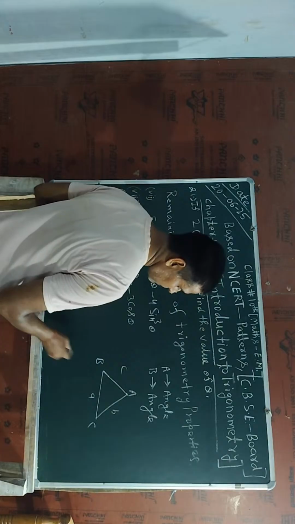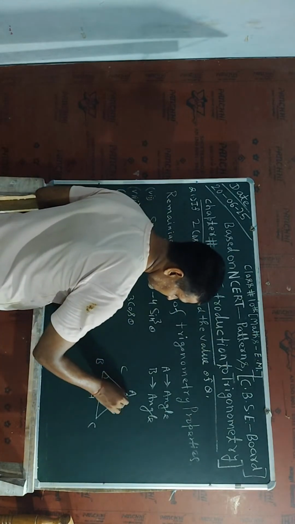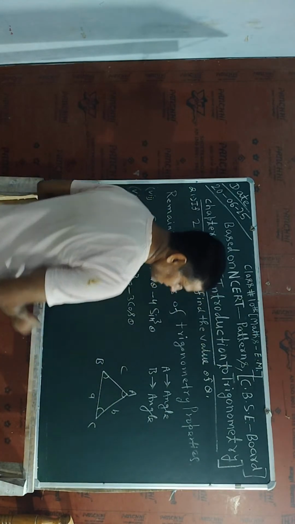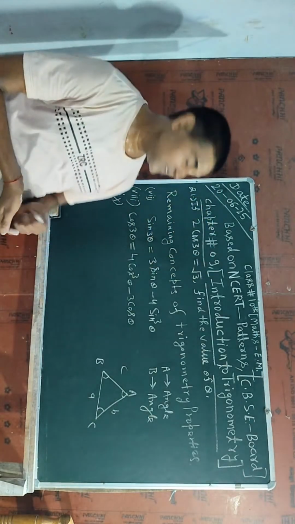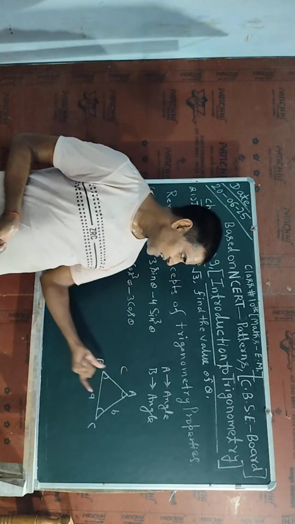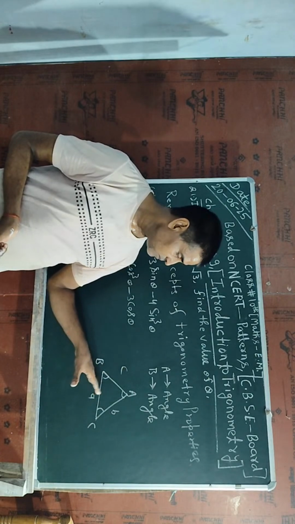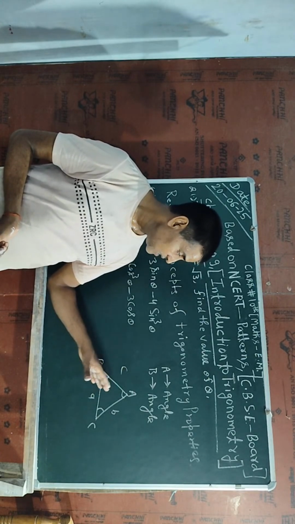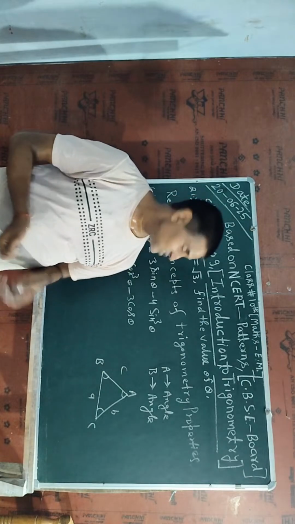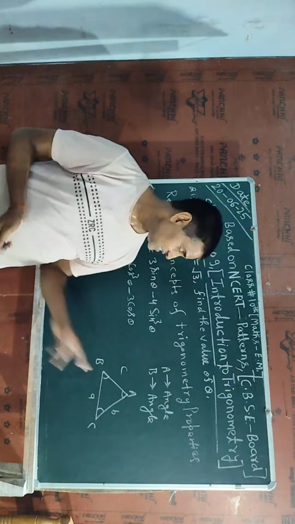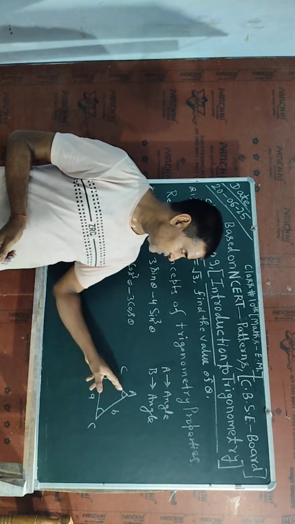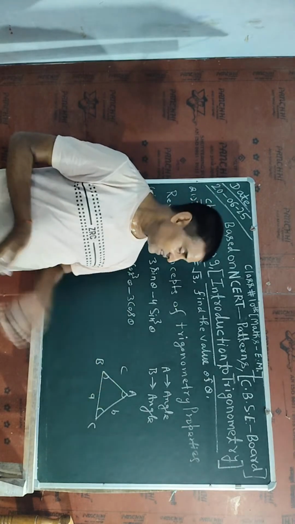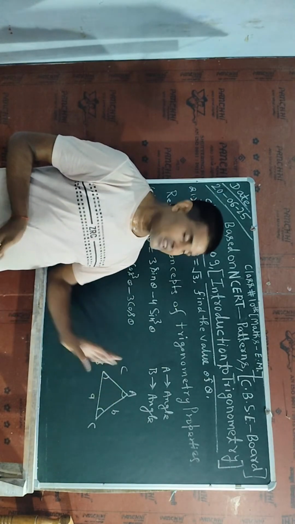Okay, so we have to find this angle and also this angle, because it is a triangle which has three sides given, but we have to find the angles of this triangle. Means we have to find the three angles of the triangle when three sides are given.